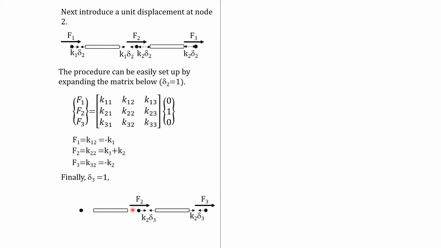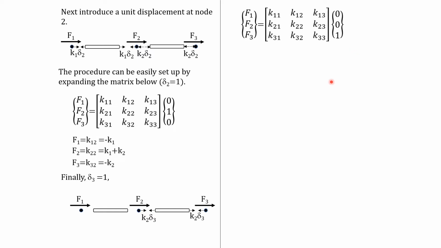And there's no force here because there's no displacement at 1. So that's F1. F1 therefore is 0 this time, which is equal to K13. So F1 equals K13 times 1. But K13 equals 0 because there's no displacement at 1, only at 3. So there's no force at this node, so F1 is 0.